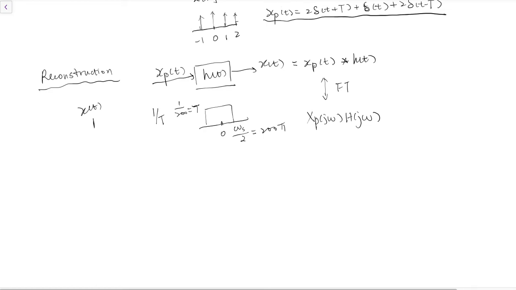But the good thing for this question here is our sampled signal is a bunch of delta functions summed together. So recall the sifting property.